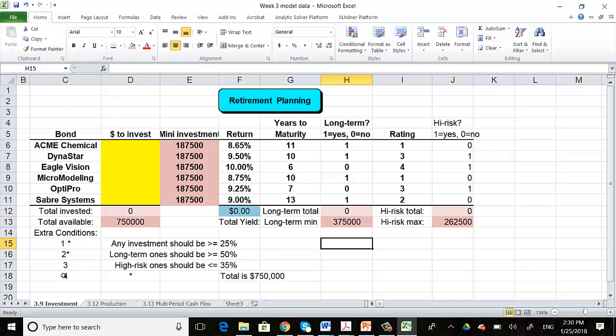Okay, so we got this one taken care of. I'll put a mark. And this one I want to make a change to too. We did it here. I'm going to say total available money. I'll put 750,000 here.